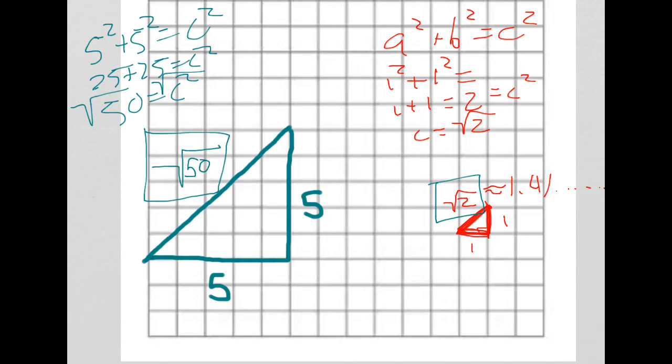By which I mean, the length of this hypotenuse is a bunch of these little square root of 2 bits. I want you to tell me how many of those little square root of 2's equal the length of that hypotenuse, square root of 50. You have 30 seconds because I basically just did it for you.